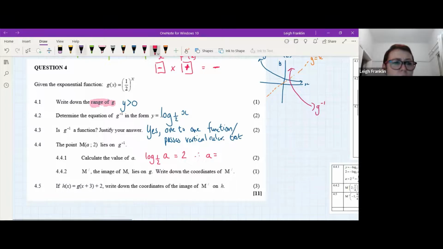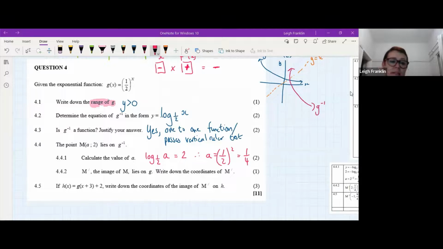Hang on, I'm just thinking carefully here. Oh yes, no, I'm just being stupid. So 1 over 2 to the power of 2. That would be equal to 1 over 4. All right, good job.